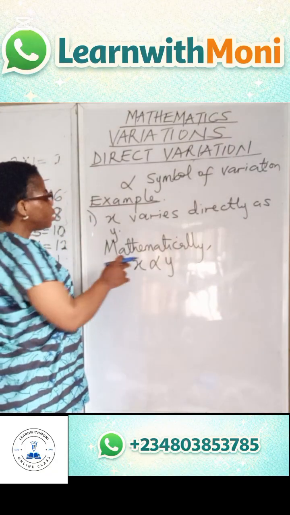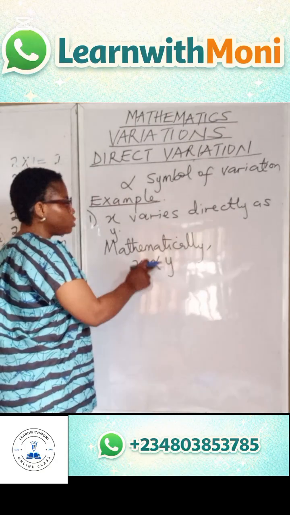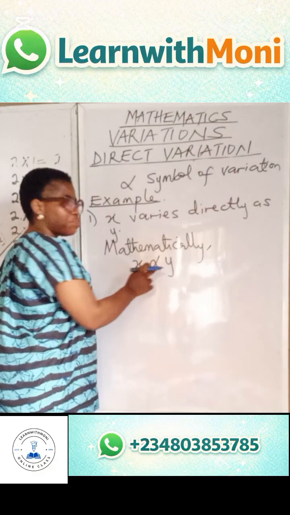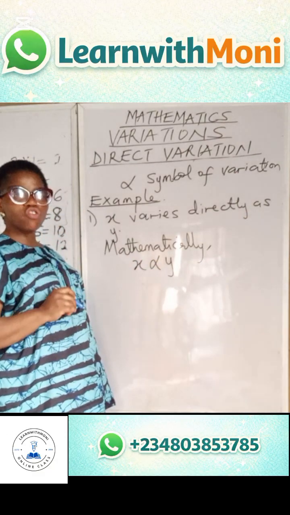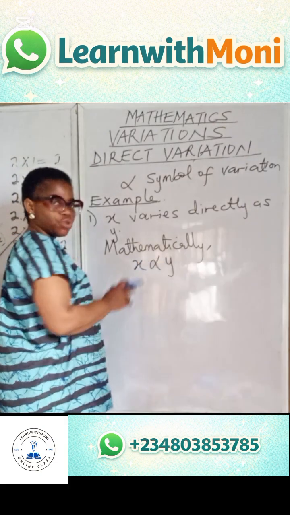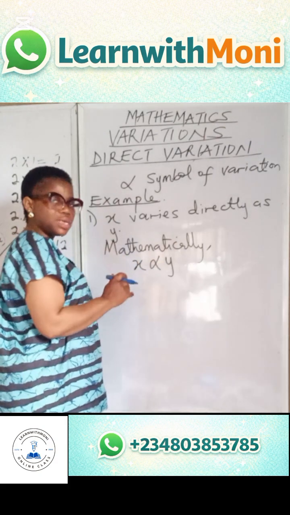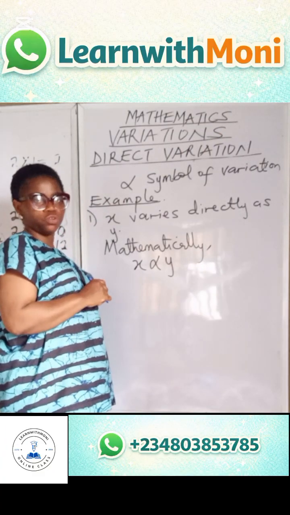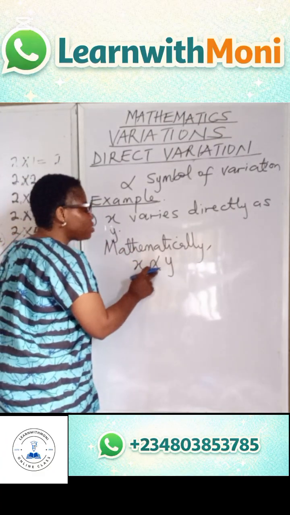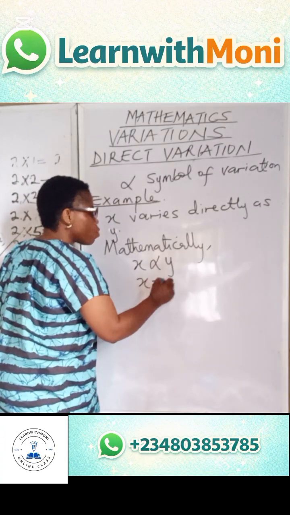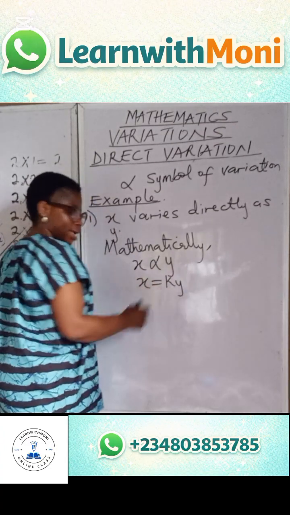Every time you see a variation symbol like this, it can be changed to equality. And whenever you change the variation symbol to equality, the variation constant must be introduced. When I say x varies directly as y, this means that x is equal to ky.